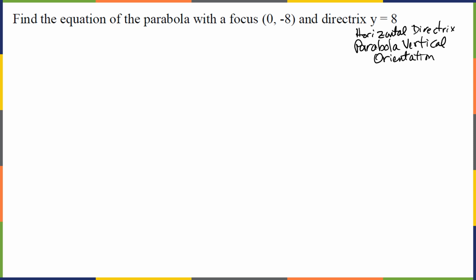Let's draw the graph of what we have. So if we sketch this graph and we go to 2, 4, 6, 8, if I count by twos, we go to where we have the horizontal line y equals 8, then we go to the focus of 0, negative 8, negative 2, negative 4, negative 6, negative 8.